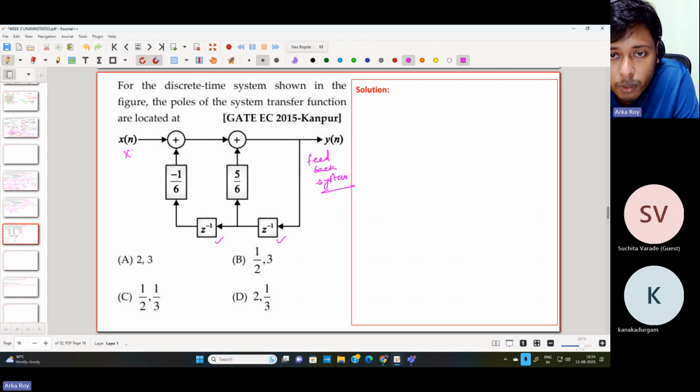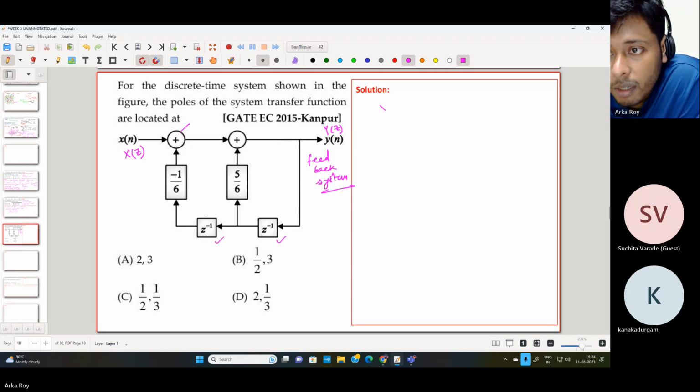So x[n] will have Z transform of X(z) and y[n] will have Z transform of Y(z). At this particular location, the output is X(z) plus Y coming in, and there are two delays, so z to the power minus 2 multiplied with minus 1 upon 6 Y(z). This is the output at this particular location.